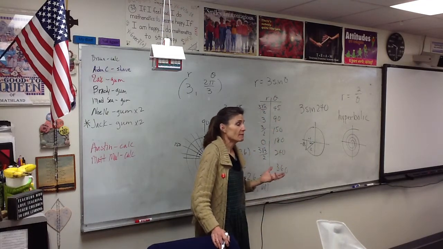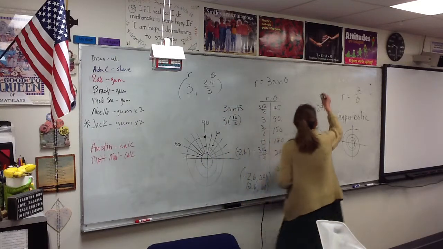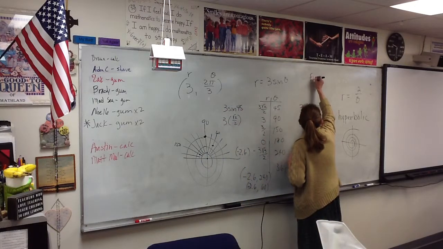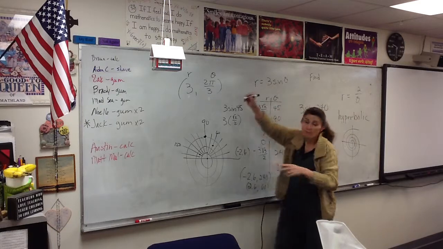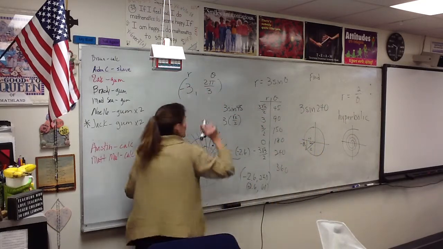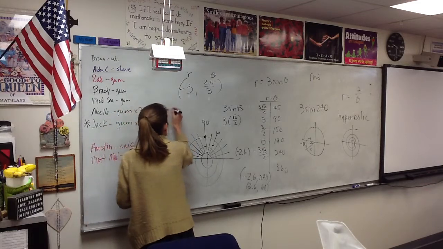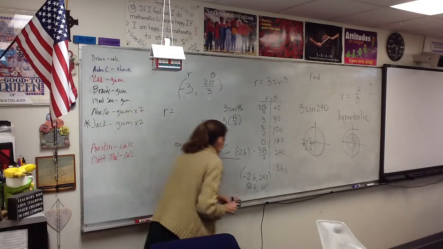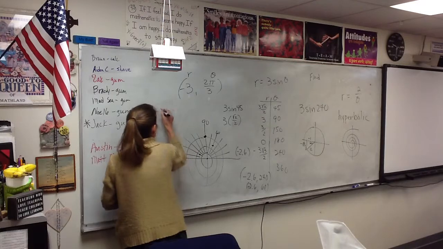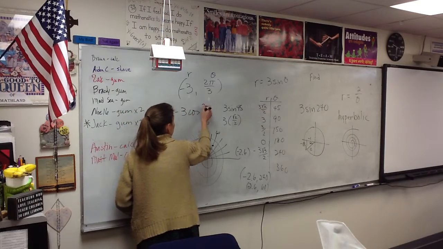So if someone said to you, find the rectangular coordinates, let's come back to Madeline's problem. Let's say this had been the initial point. You can go ahead and do x equals negative 3 cosine 2 pi over 3.